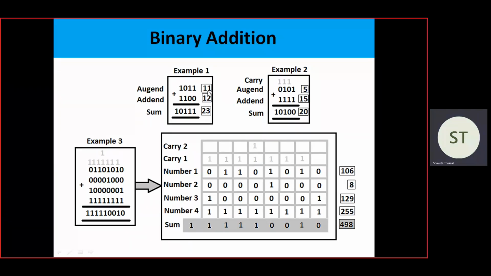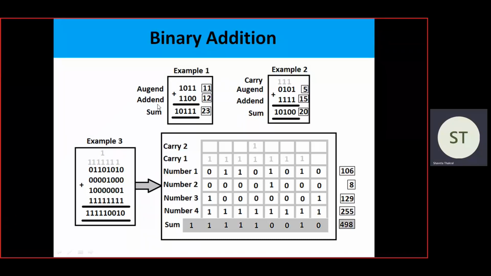First we convert decimal value 11 to its equivalent binary, that is 1 0 1 1. Then we convert 12 to its equivalent binary, that is 1 1 0 0. We consider the number 1 0 1 1 as the augend and the second number 1 1 0 0 as the addend.